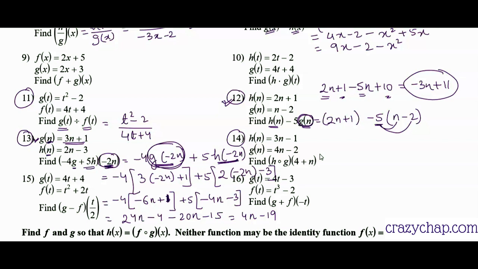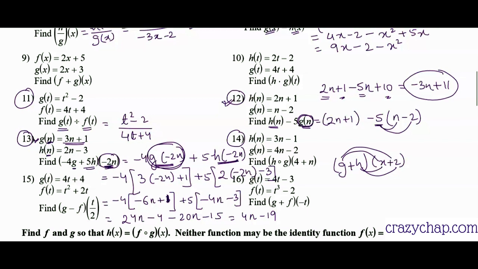Let me explain with some more examples. Like if we have the function g plus h, bracket x plus 2. I must mention that here g and h are functions. So we will not do the algebra multiplication, like we will not multiply g with x and g with 2 and h with x and h with 2. No, not at all. They are not variables, they are functions. So we'll have to treat them like functions.